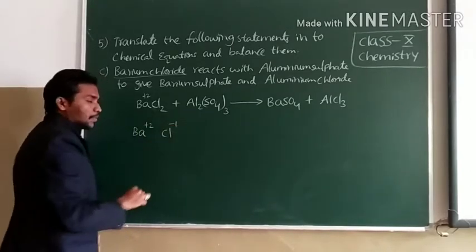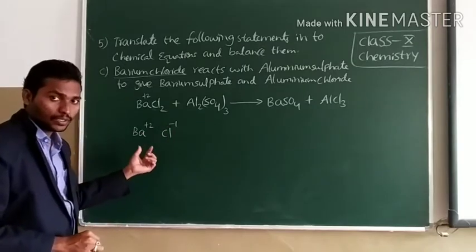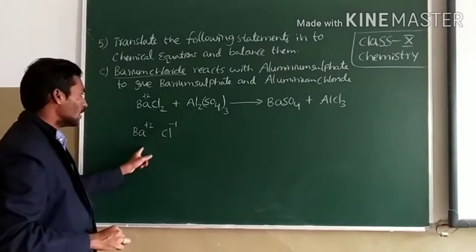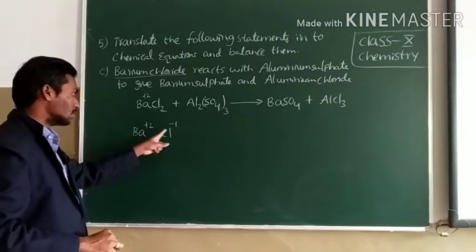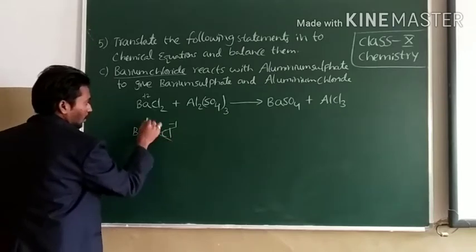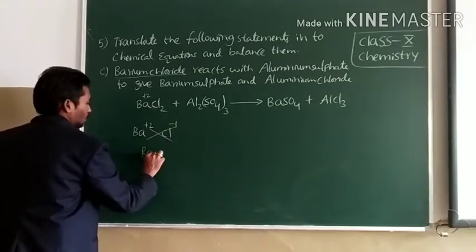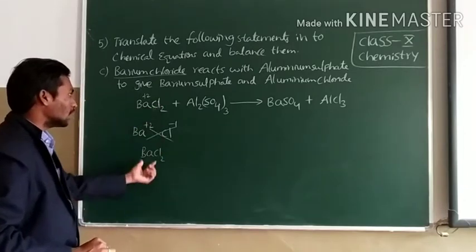In the previous class, you learned the crisscross method. According to the crisscross method, we can write the chemical formula of compounds. Here the charges are not balanced, so we crisscross the charges. Then 1 comes here and 2 comes here, and we write BaCl2. This is the way we write the chemical formula of the compound.